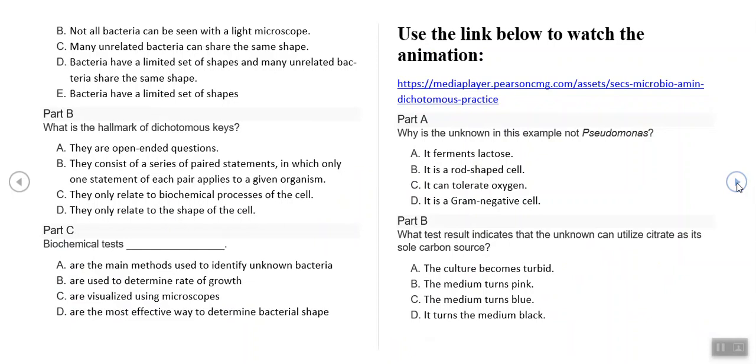Letter C, many unrelated bacteria share the same shape. There are lots of bacteria that have a similar shape, but they also have some similarities to them. Bacteria have a limited set of shapes, and many unrelated bacteria share the same shape.